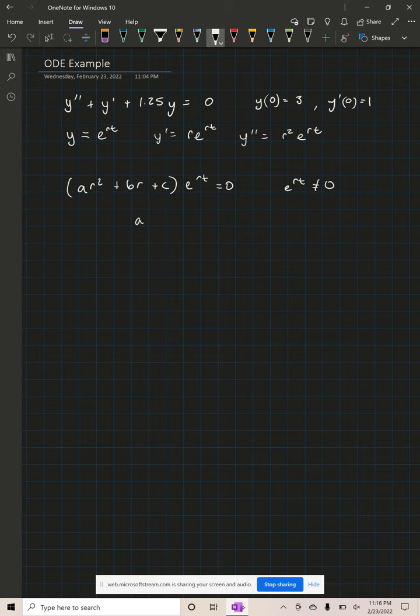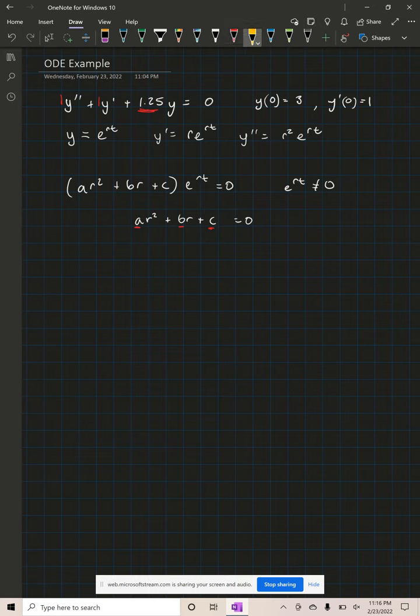Therefore, we know that a r squared plus b r plus c will be equal to 0. A, B, and C here are all the constant coefficients in front of our values. C, for example, is 1.25. B is technically 1 here, and A is technically 1 right here.